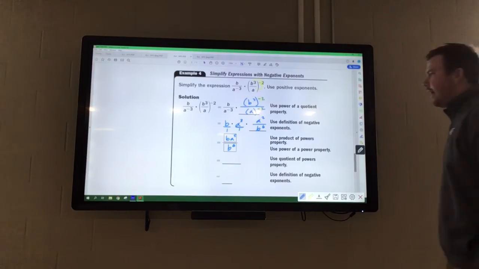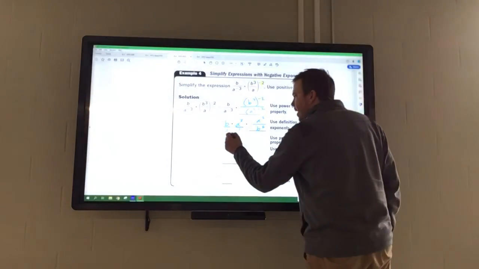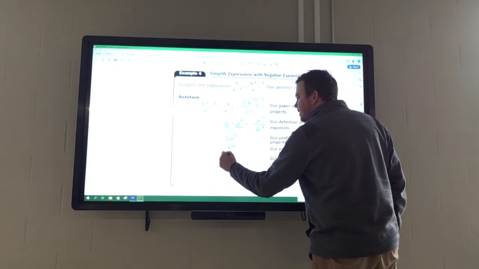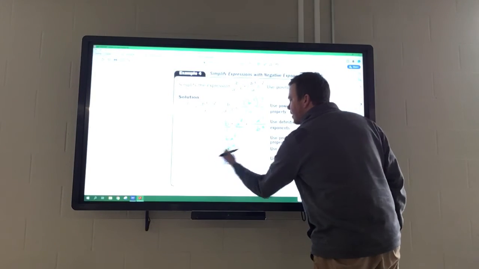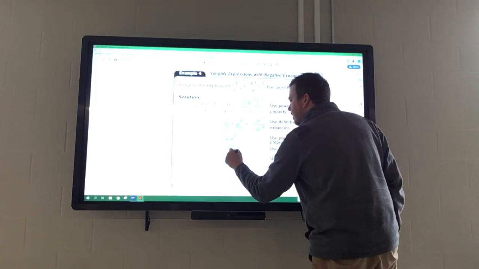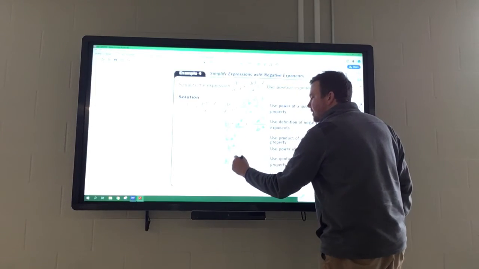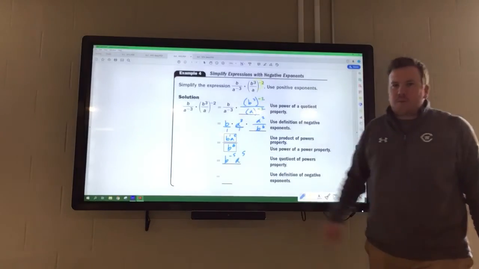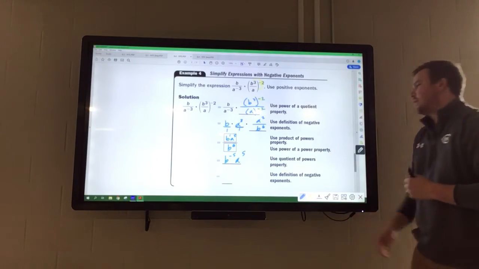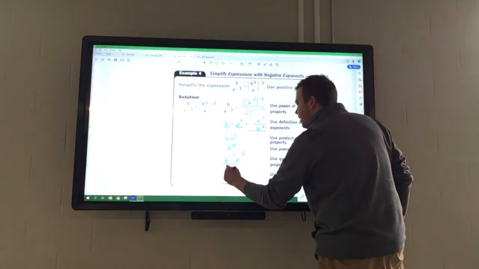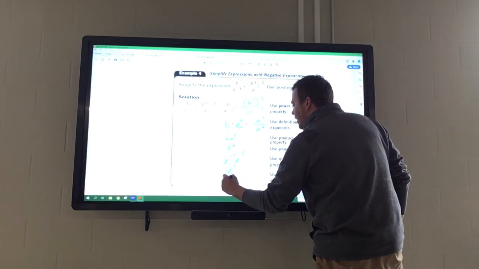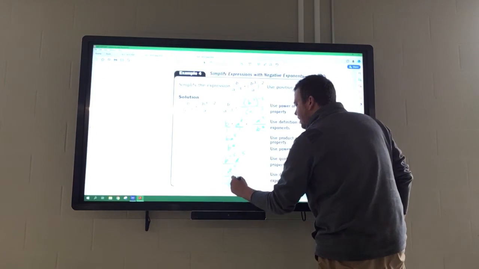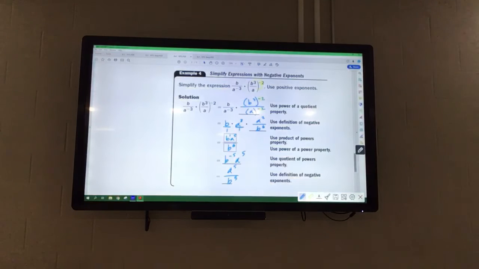Then we can simplify using that quotient of powers. B to the first over b to the sixth is b to the negative fifth. A to the fifth over nothing else gives me a to the positive fifth. Since we have a negative exponent, we know that b to the negative fifth is in the wrong spot, so we just move it down to the denominator, leaving me with a to the fifth over b to the fifth. That would be our final answer.